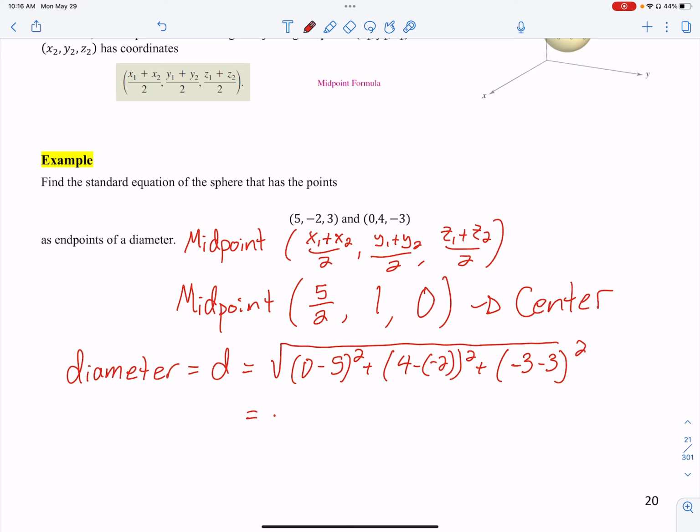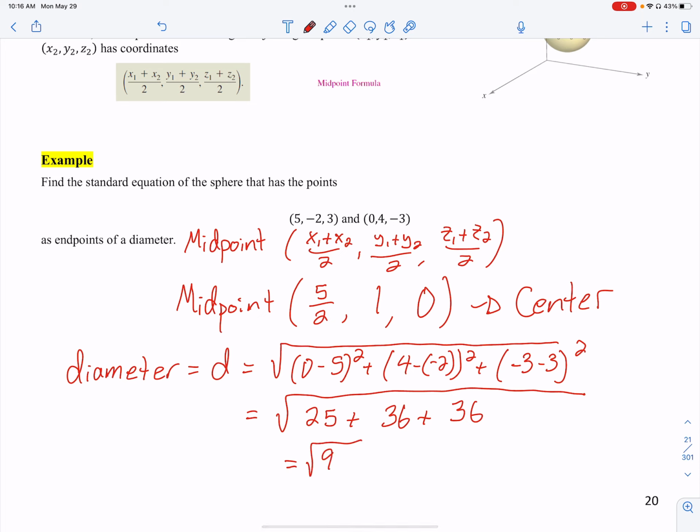All right, let me slow down a bit to make sure my numbers are correct because I don't want to have an error in my video. Yeah, I think those are right. So we get 25 plus, that's going to be a 6, so that's 36. And then that's going to be another negative 6, 36. So I got 36 and 36 makes 72, 97. And that's in my radical. I'm going to leave it there since it's not a perfect square.